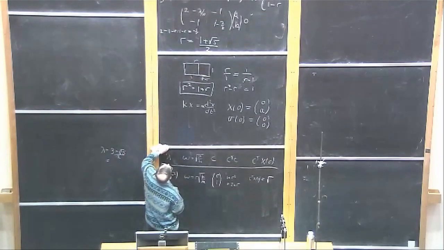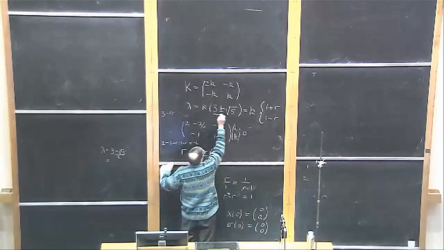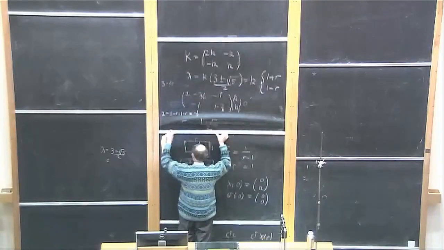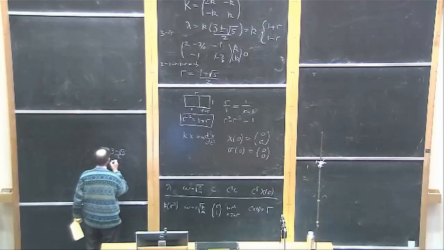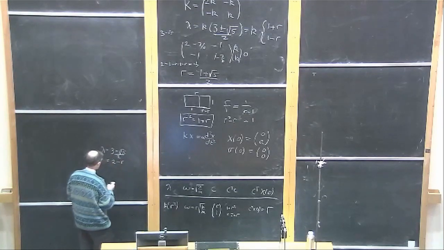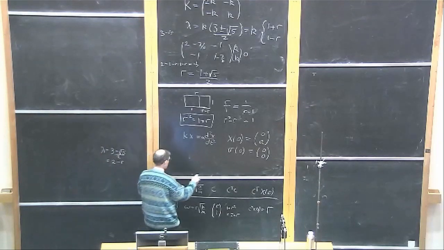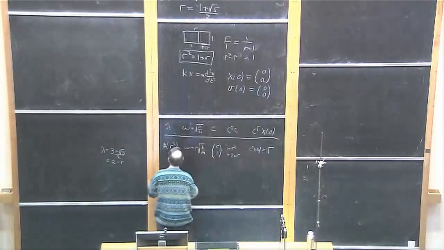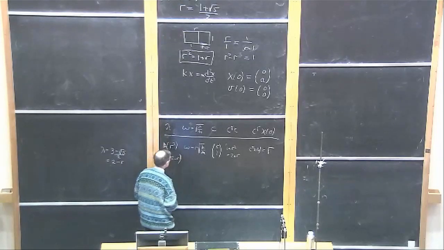Did I write that down correctly up here? No, I didn't. Sorry. I missed out the 2. 3 minus root 5 over 2, which is 2 minus r. So that's k times 2 minus r.